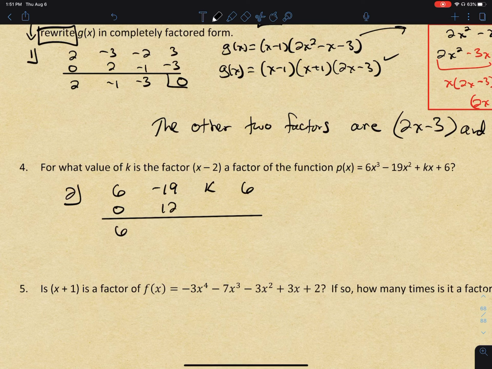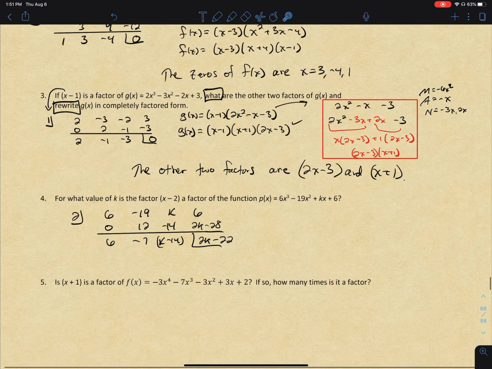Add, multiply, add, multiply, multiply. And then when I add this, I'm going to get 2k minus 22.